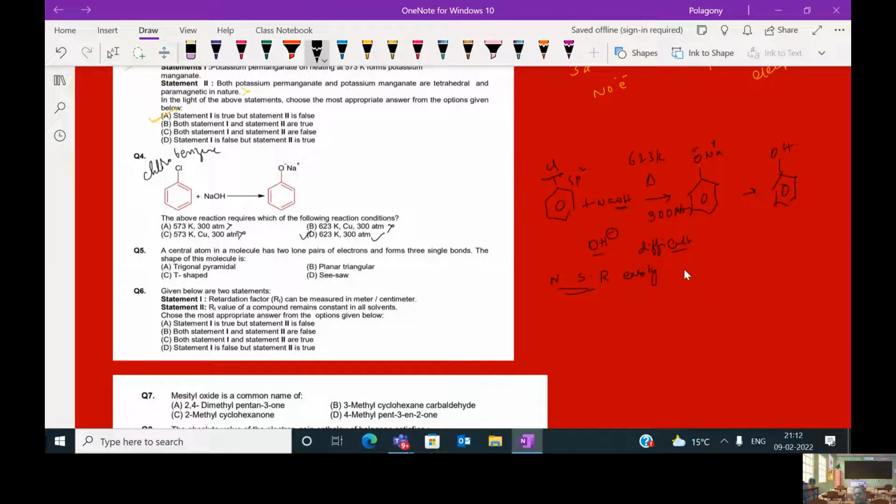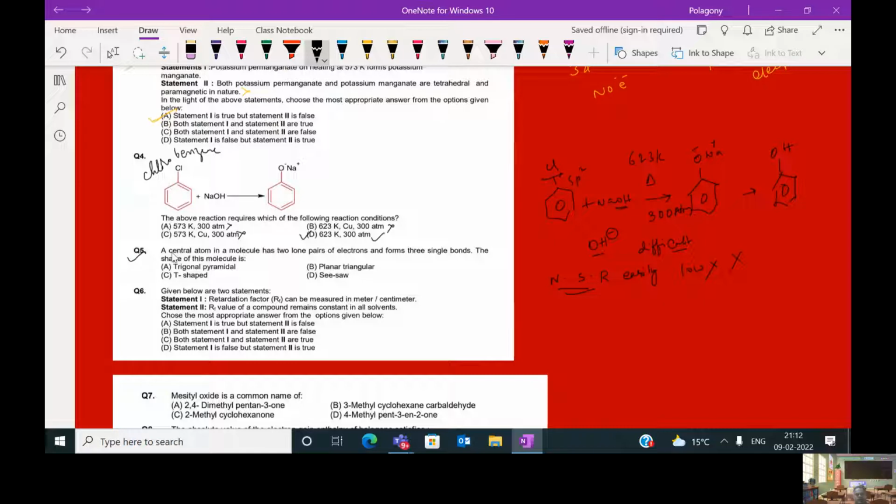At low temperature it is not possible, because the halogen is attached to the more electronegative sp2 carbon. So this is the answer for the fourth question.